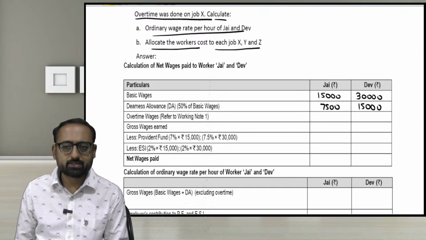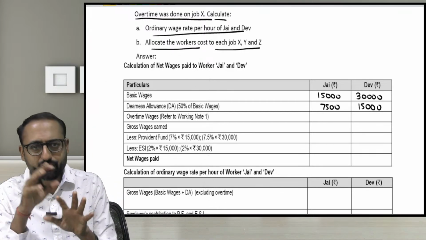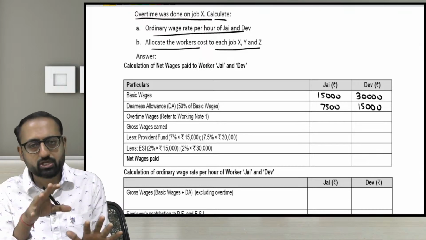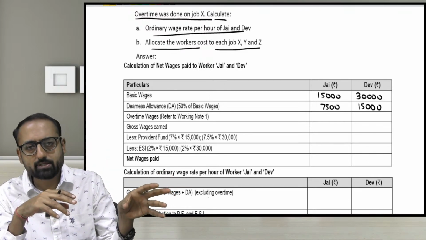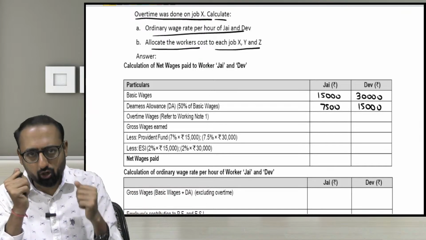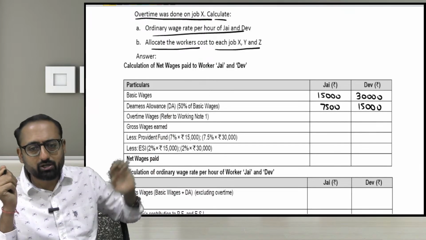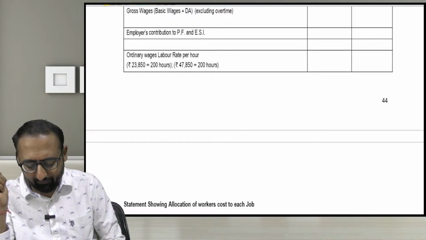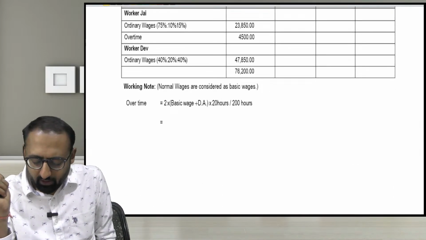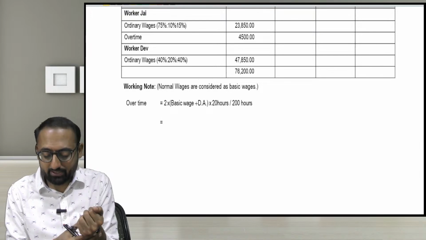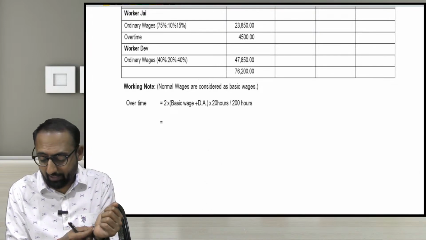Now overtime wages. Overtime is worked by the worker Jay only, only for job number X. And overtime is paid at double the normal rate. Now we will calculate working note number 1 for that overtime wages. Double the normal rate you will have to apply.